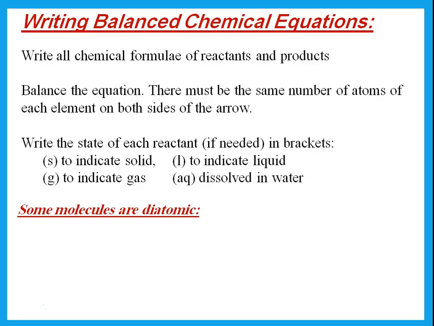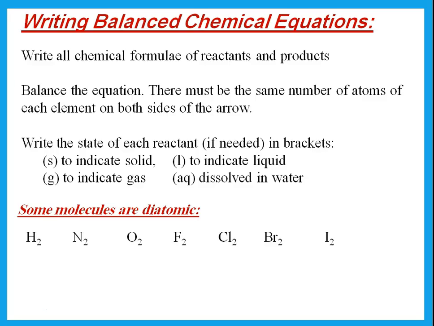Now, in order to write chemical formula, you have to realize that some molecules are diatomic. Diatomic means if they're standing on their own, they need a 2 under it. So if I say something plus hydrogen, I can't just write H. It has to be H2. If I say something plus nitrogen, or nitrogen plus something, nitrogen is N2, oxygen is O2, and all the halogens, fluorine, chlorine, bromine, iodine, are all diatomic.